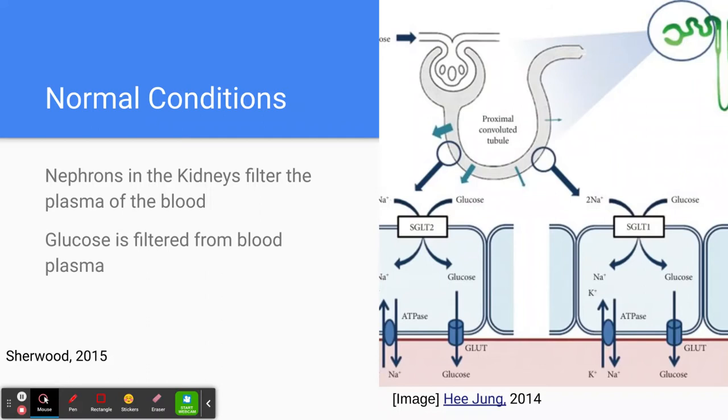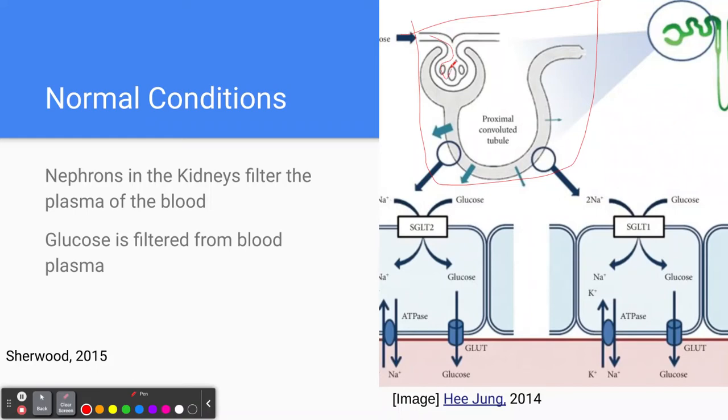So what I want to talk to you about next is where this is going to happen. Again, this happens in the kidney, at a functional unit called a nephron. We have a nephron zoomed in on, at least part of that nephron is up here. In that nephron, we have a glomerulus, and the glomerulus is where the blood is going to come in. So here we have a glomerulus.